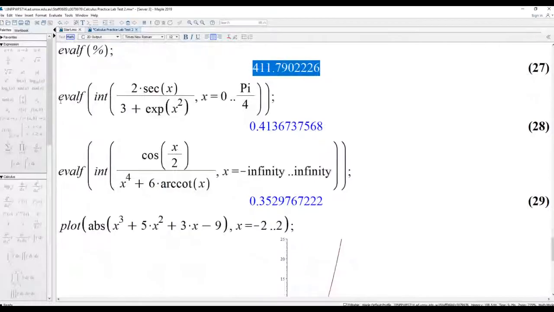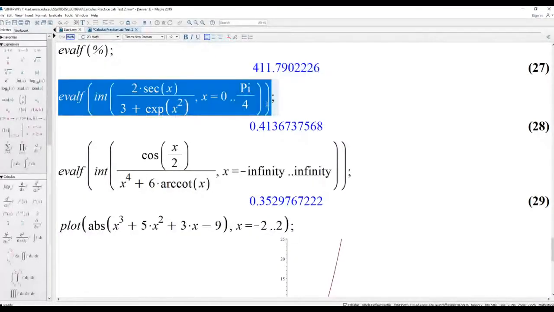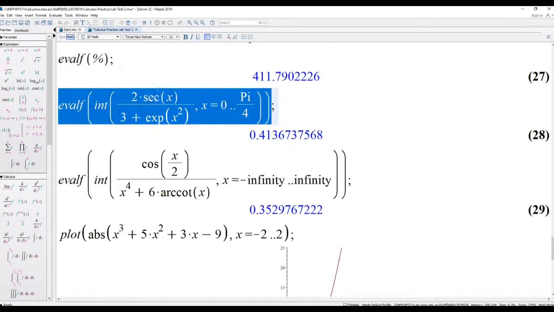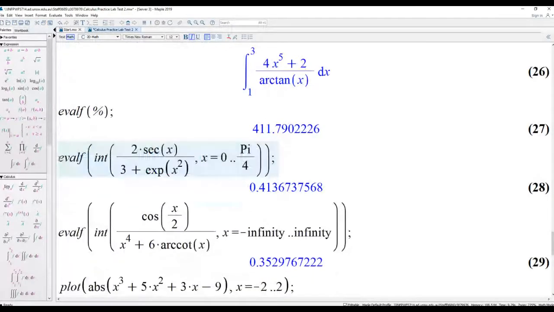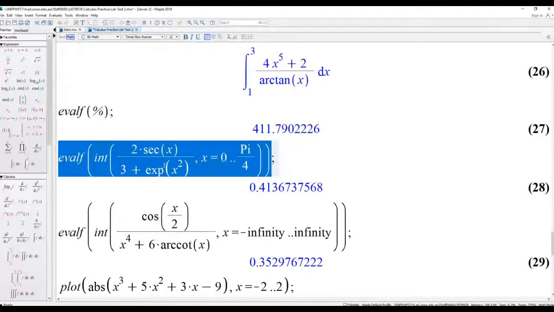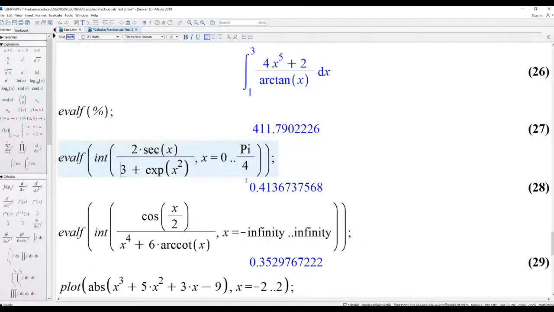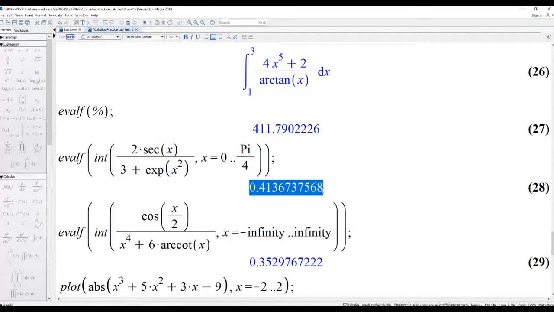And you can see here, I've just done everything in one step. Rather than what I did in the previous question, where I tried to do two things, I just did everything in one step. And so you're going to take that, copy and paste it into Maple.